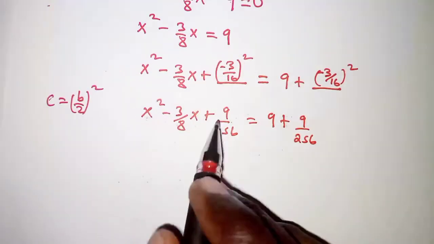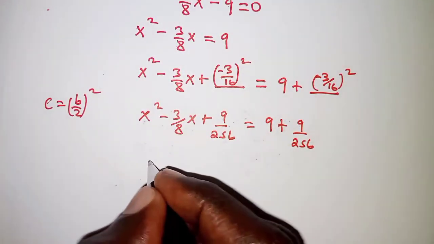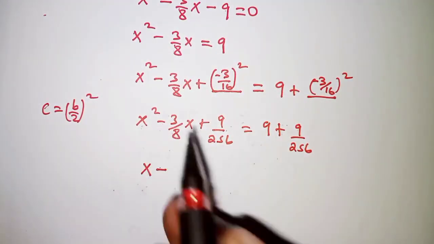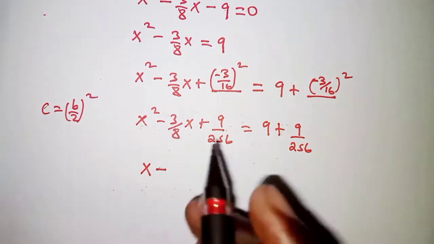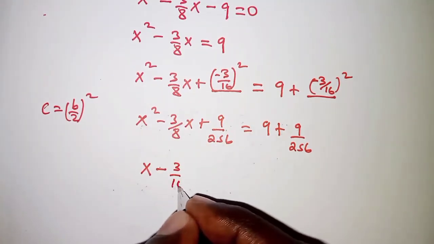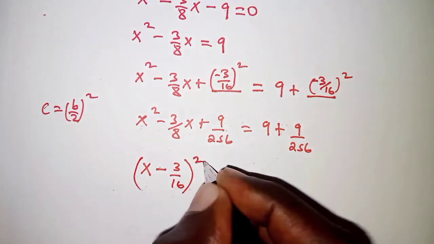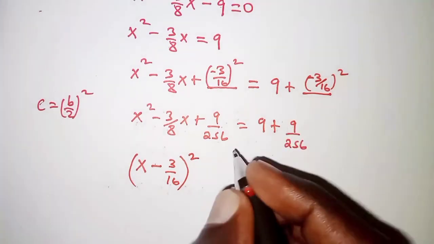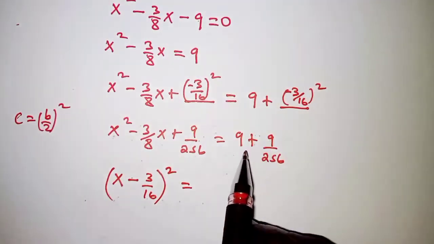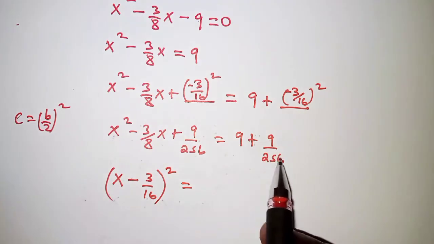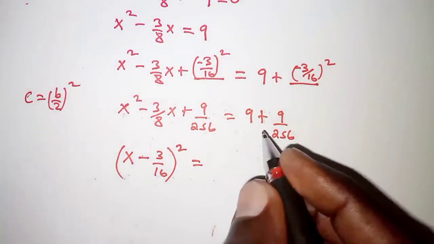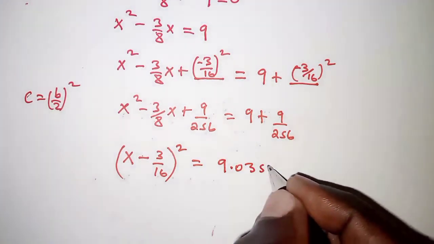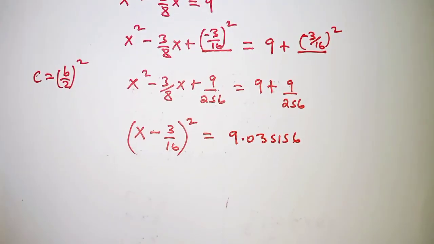Well, on the left hand side we can factorize this straight away by having x minus, because of this sign here, and then a half of b is 3 over 16 squared. When you expand this, you need to get back to this expression on the left hand side, and then on the right hand side we will have 9 plus 9 over 256. So when we work out this, we are supposed to get 9.035156. From my calculator I get that.